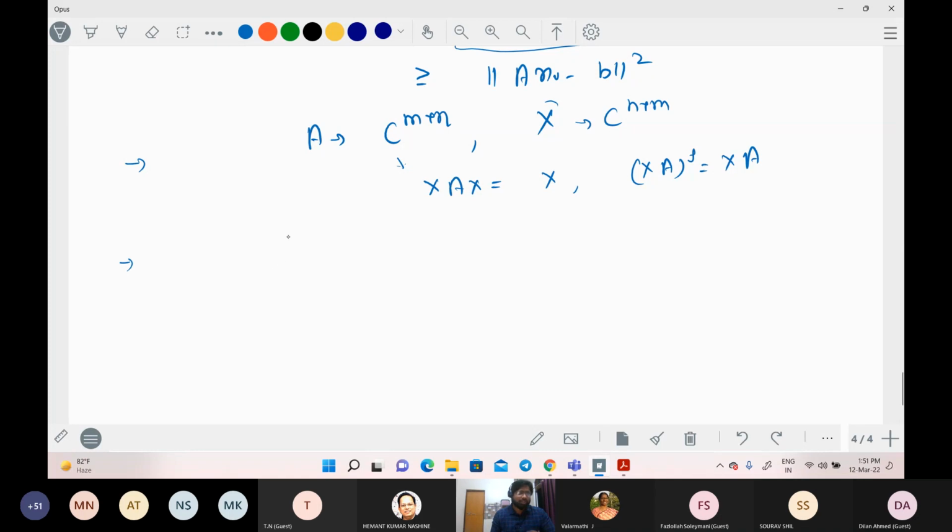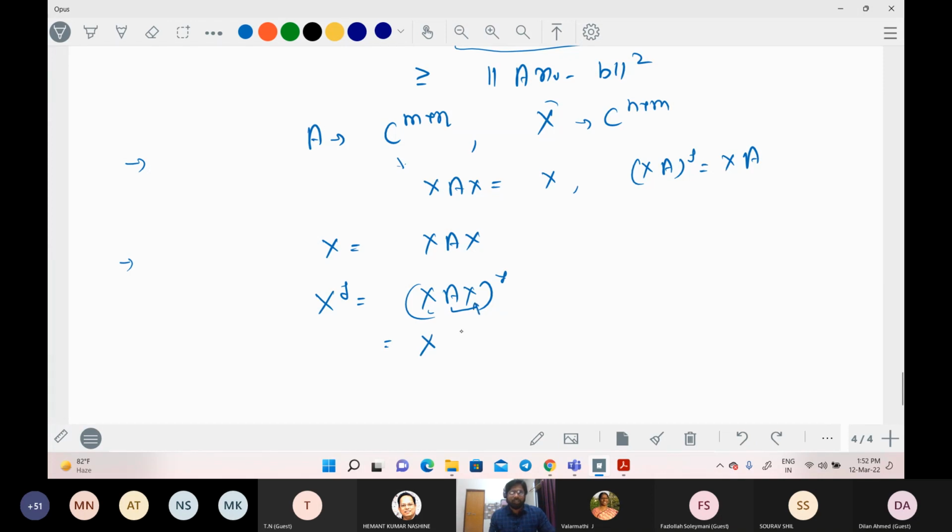It starts with this. First, we take X = XAX. Now, in the next step, let's take the conjugate transpose on both sides: X* = (XAX)*.